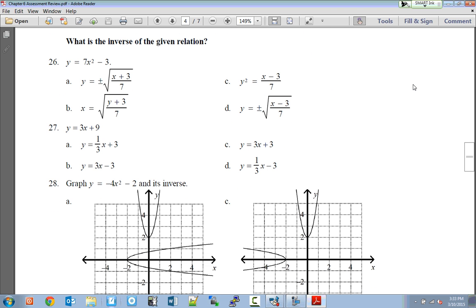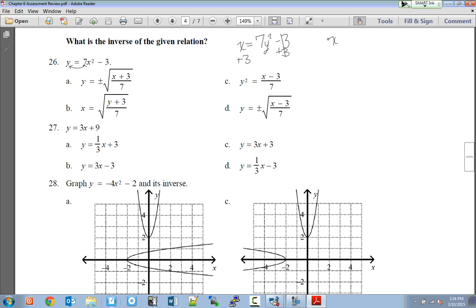We're moving right along. What is the inverse of the given relation? All right, so remember, when you go to find the inverse, you switch the x's and the y's. So this is going to be x equals 7y squared minus 3. All right, and now we have to solve for y again. So plus 3 plus 3.